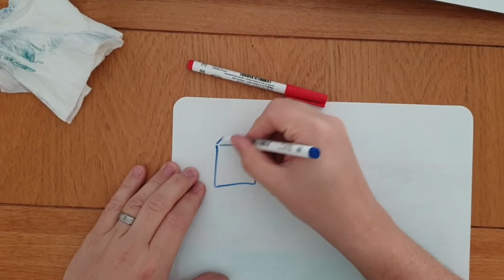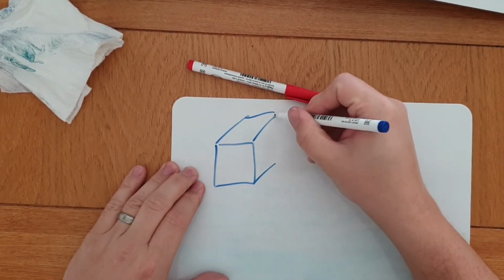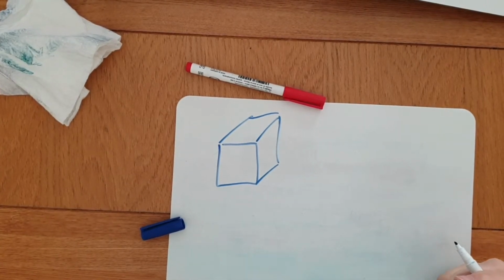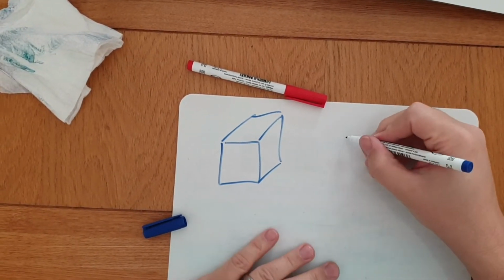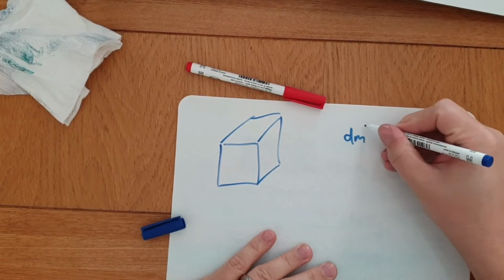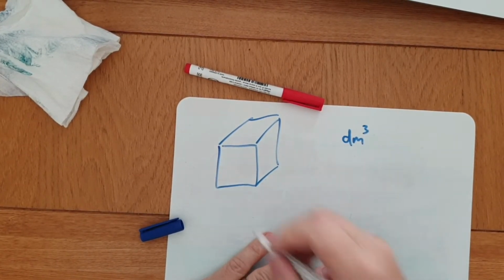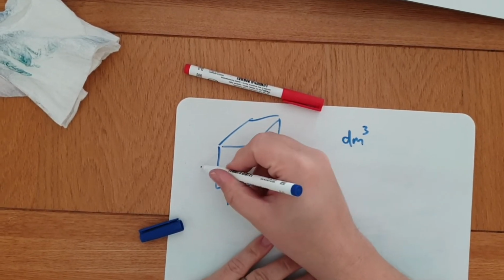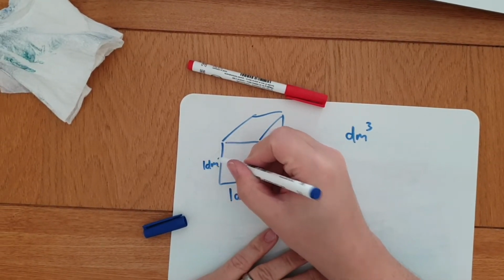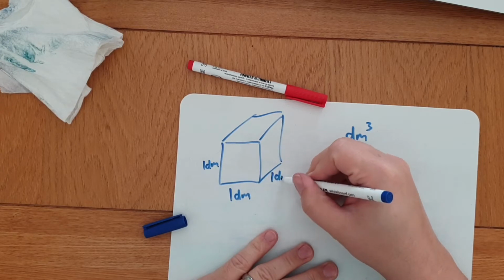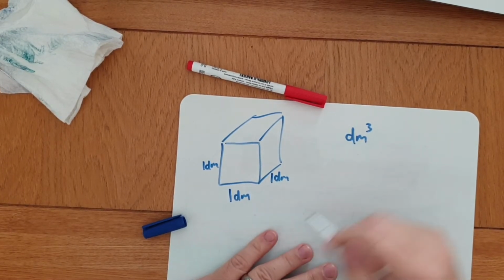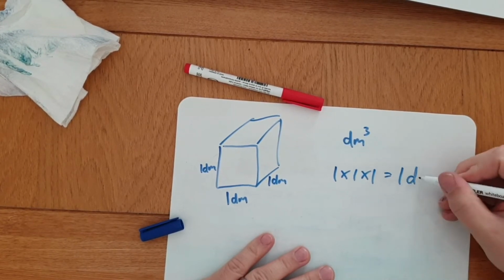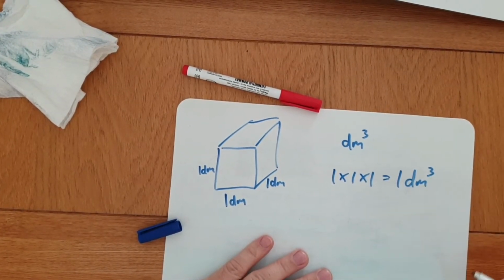So if we're talking about the volume of something, right, the amount of space it occupies. And in chemistry, when we talk about volume, we talk about decimeters cubed. So if we had a box that was 1 decimeter wide by 1 decimeter tall, and it was 1 decimeter deep, the volume, you would have 1 times 1 times 1, and that would be 1 decimeter cubed.